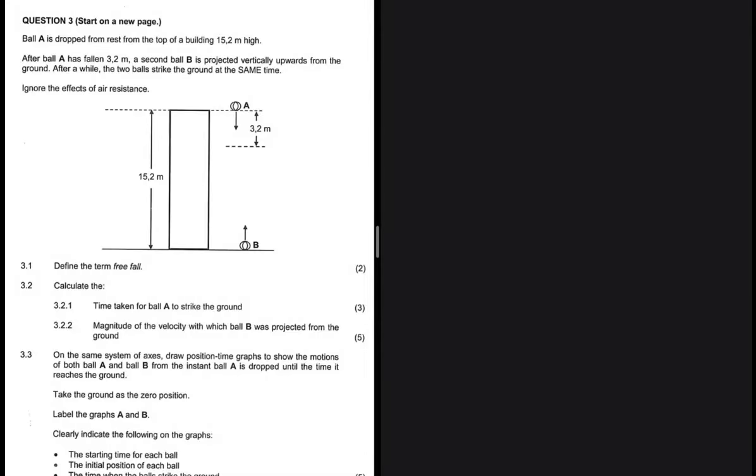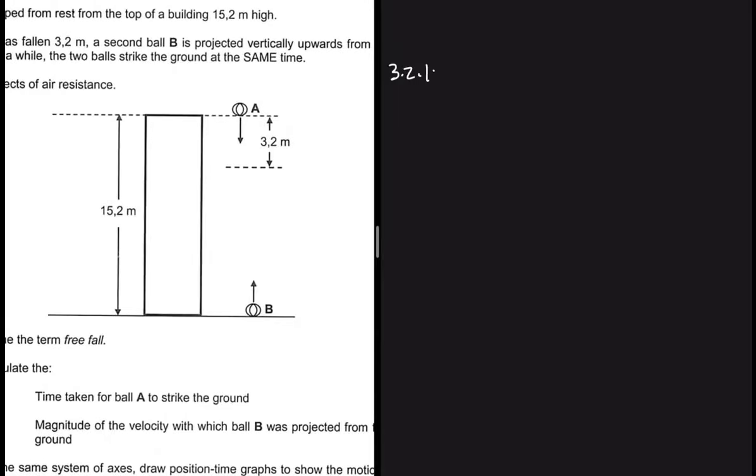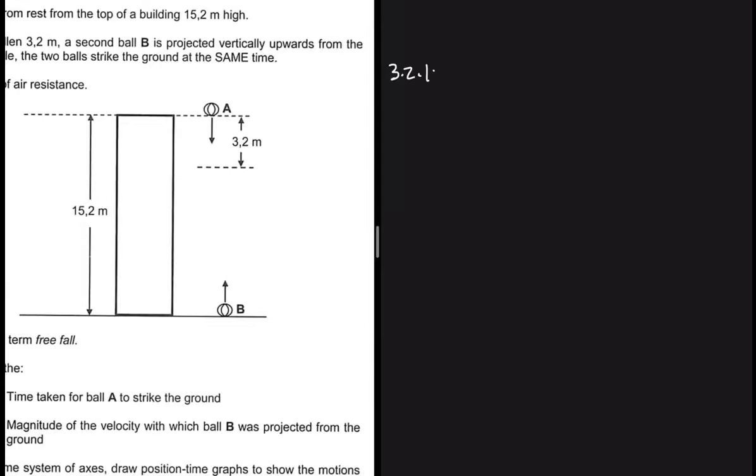Let's go ahead and do 3.2.1. So the question is saying that let's calculate the time taken for ball A to strike the ground. So let's look at ball A here. It is released from a height of 15.2 meters above the ground. When it is released, we know fully well that Vi is equal to 0 meters per second.